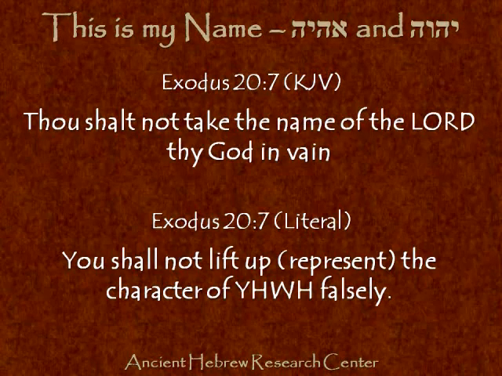What I believe this verse is saying is that we are the representatives of Yahweh. We take his character, the Hebrew word for name, Shem, means character, and place it within us. Now, as his representatives, if we go out and lie, steal, or cheat, we're now representing his character falsely.